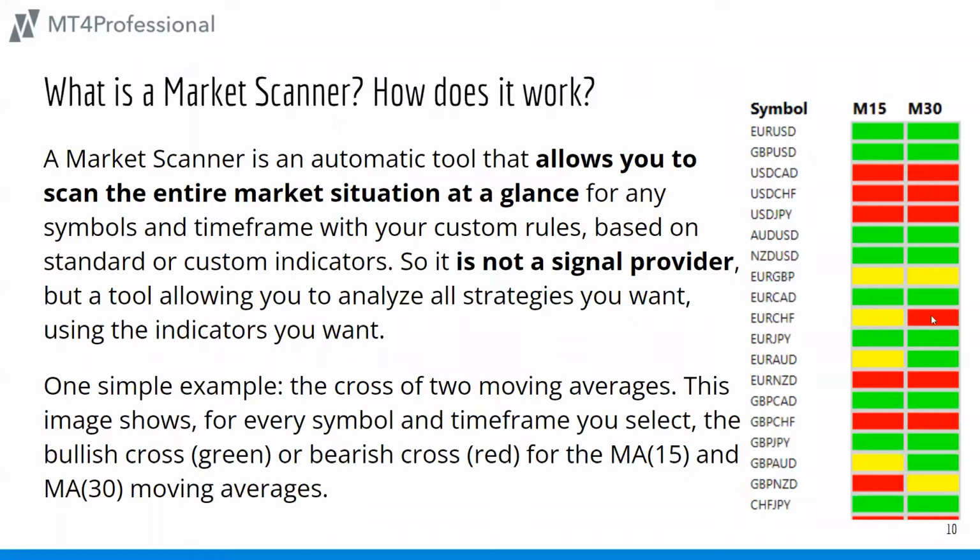I can see the longer term is bearish, but the shorter term is indecisive. I can see several that are very bullish, and several that are very bearish. So this is really good information that you can get at the snap of a thumb. You've got the instant information right there, not only on the current time frame you're looking at, but on multiple time frames to help give you information about that.